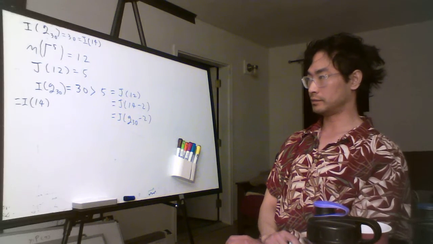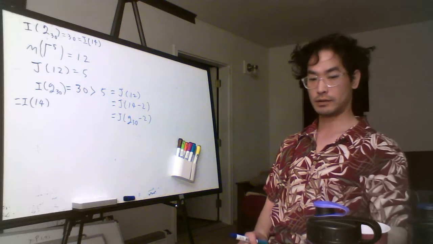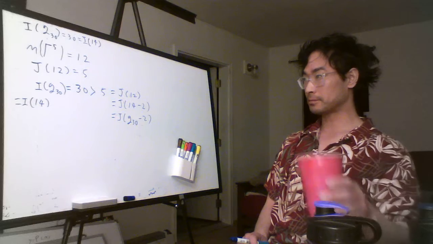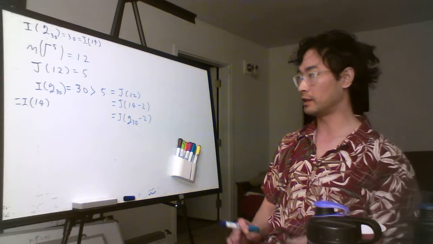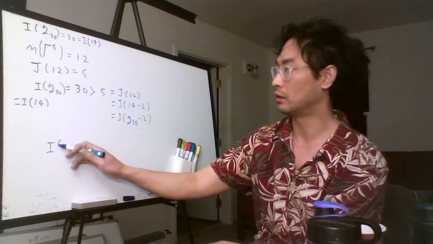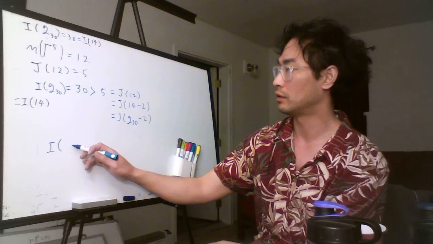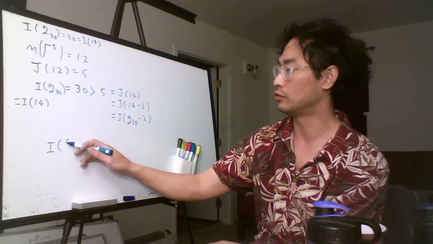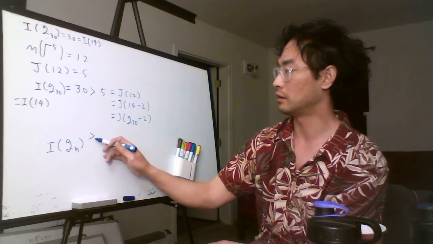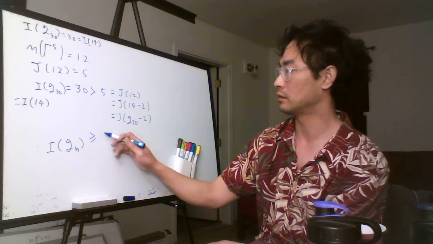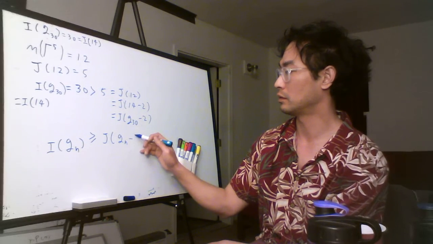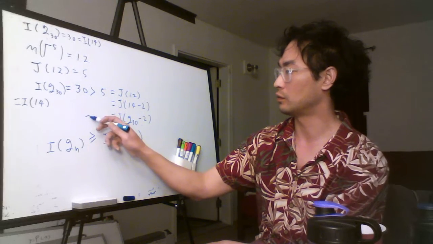So what we want to prove is that I of Gn, that's what we need to prove.